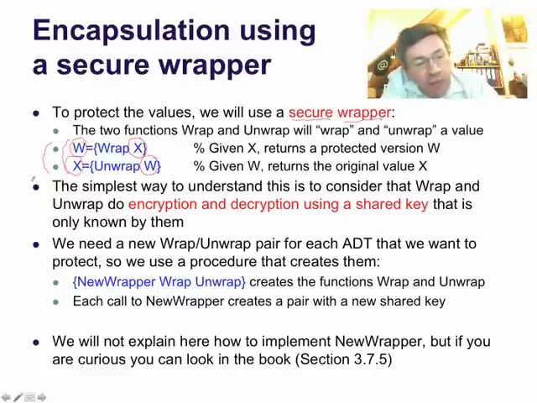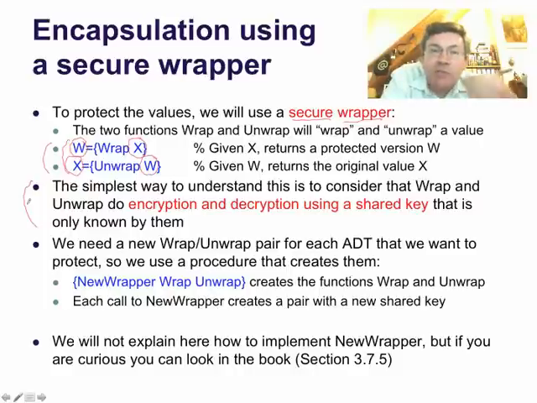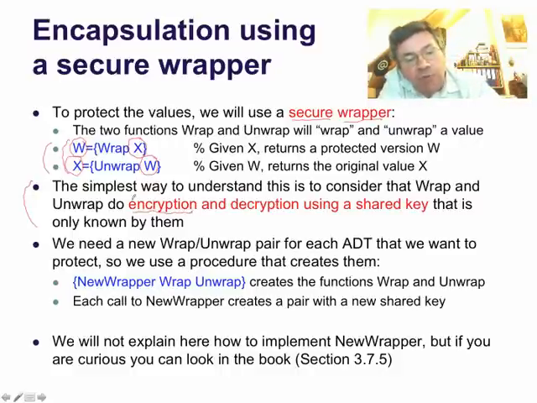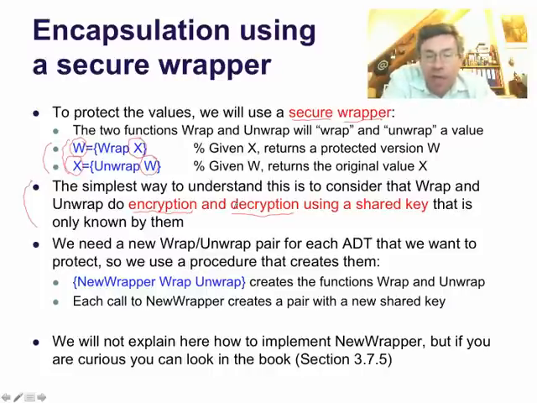How can we understand this? Well, the simplest way to understand how wrap and unwrap work is to think of them as doing encryption and decryption. So wrap does encryption and unwrap does decryption of the value, and they use a shared key. So there is a secret key that is known only by wrap and unwrap and by nobody else.